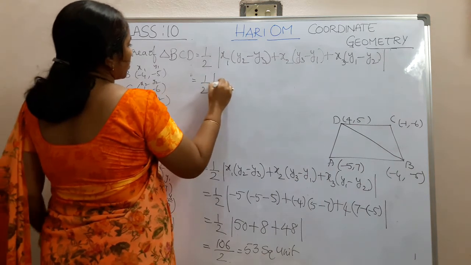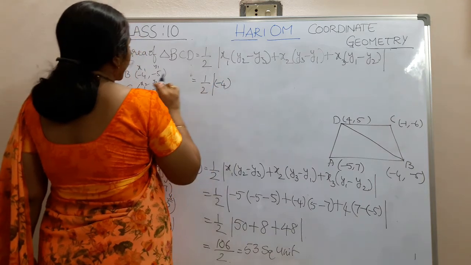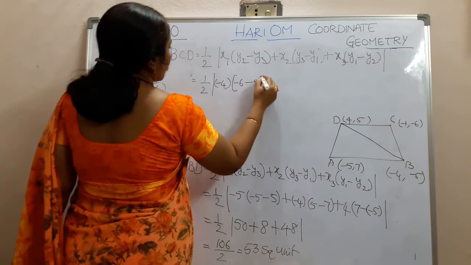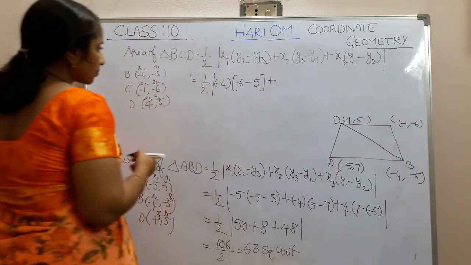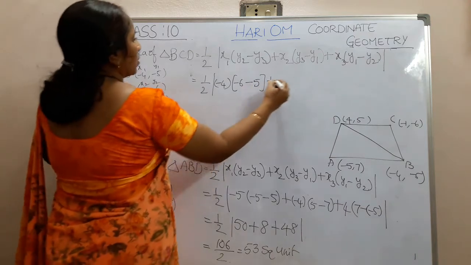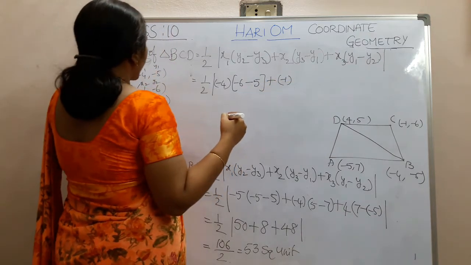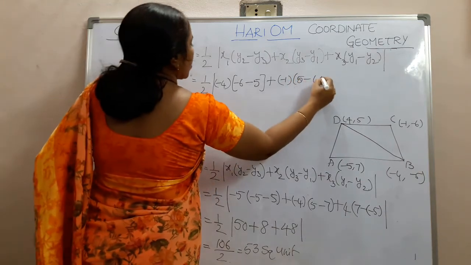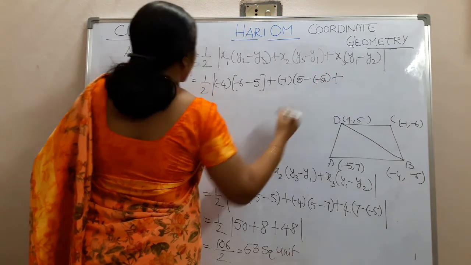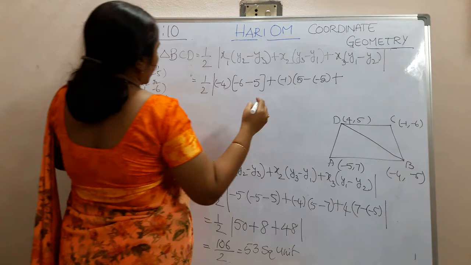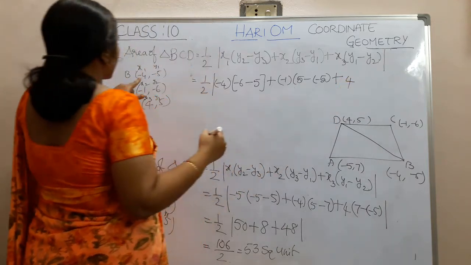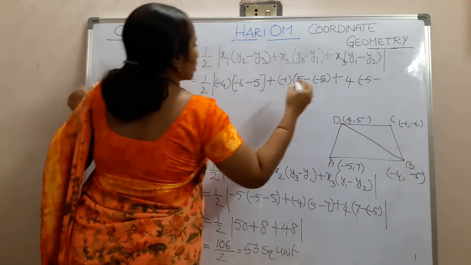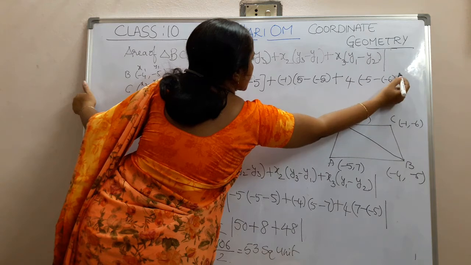It is x1 minus 4 into y2 minus 6 minus y3 5, plus x2 minus 1 into y3 5 minus y1 minus of minus 5, plus x3 4 into y1 minus 5 minus y2 minus of minus 6.